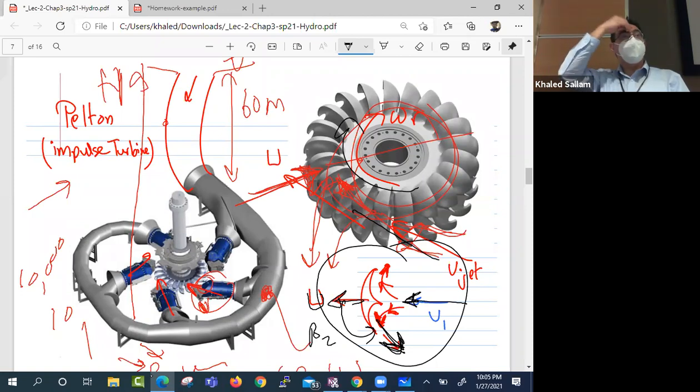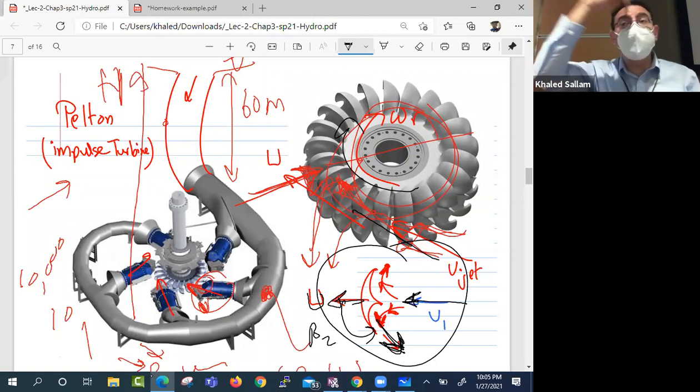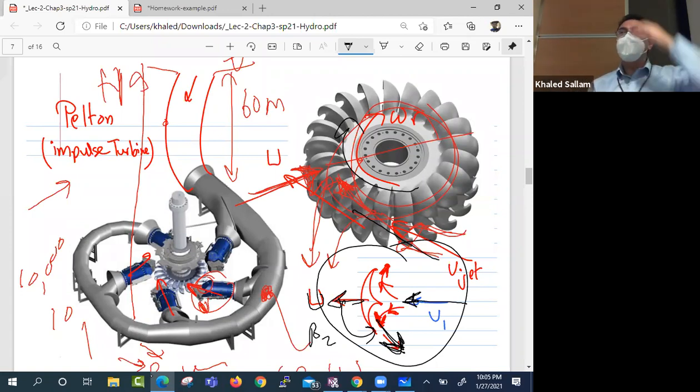Because you will get MV and you will get minus MV the other way. But if it comes like this and drops, it will not hurt as much. So what I'm saying is that if we shoot the water and it comes back in the opposite direction, that will be the maximum momentum exchange with the plate.